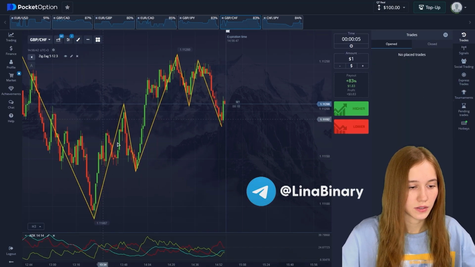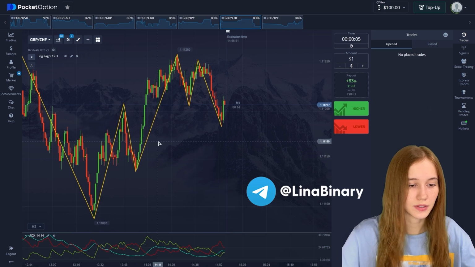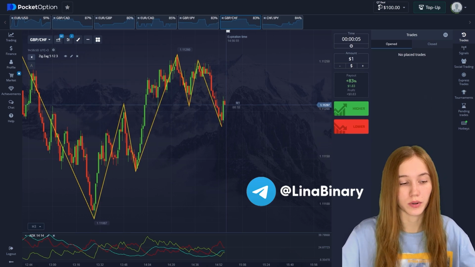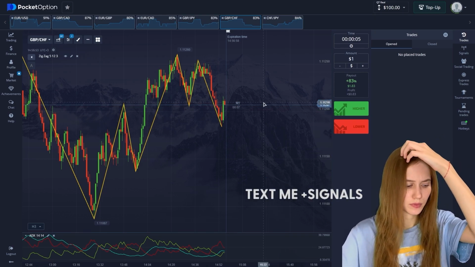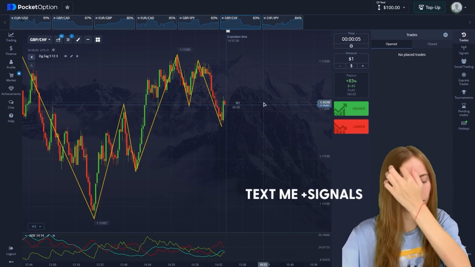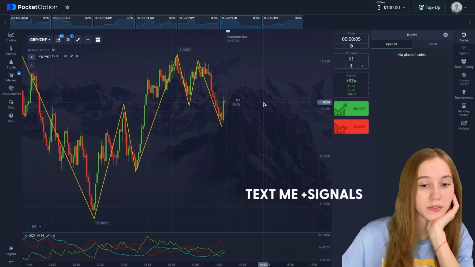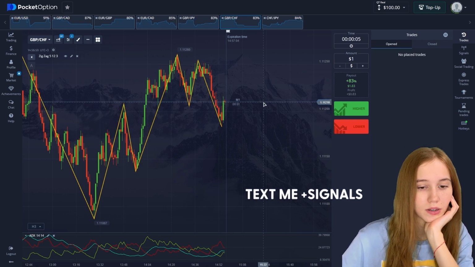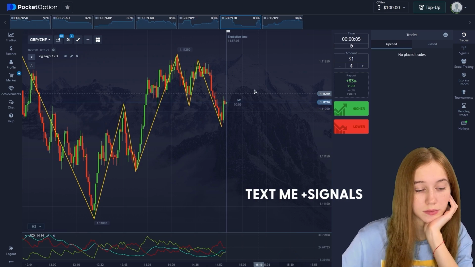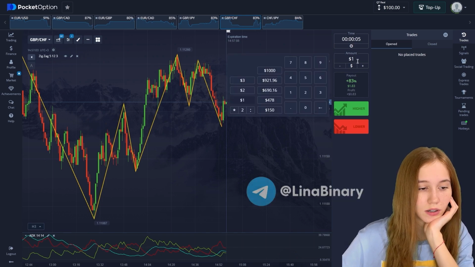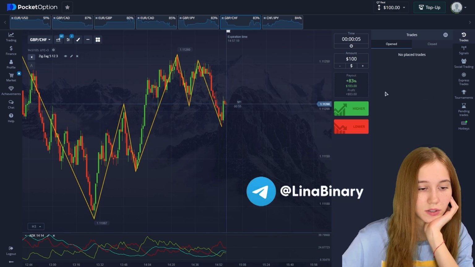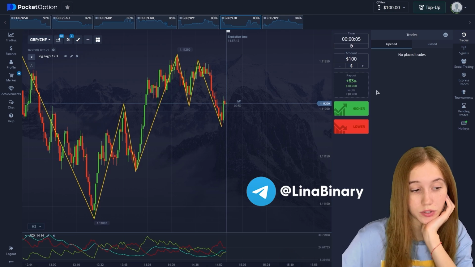So let's start on our workspace. First, we say today we'll trade with 100 dollars. We start with this sum, our starting balance. The amount of each deal will also be 100 dollars.